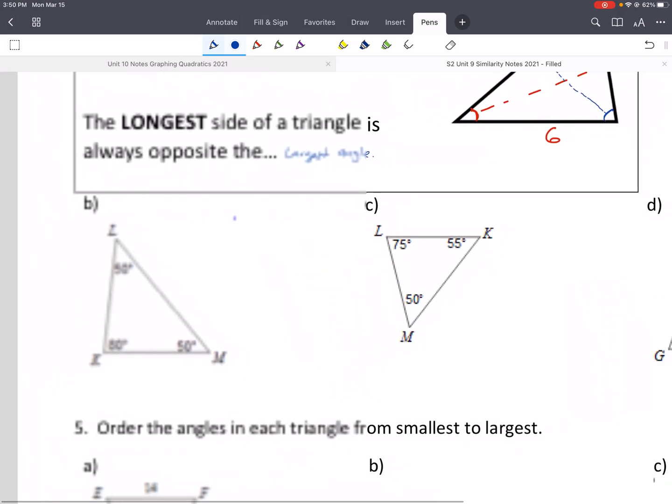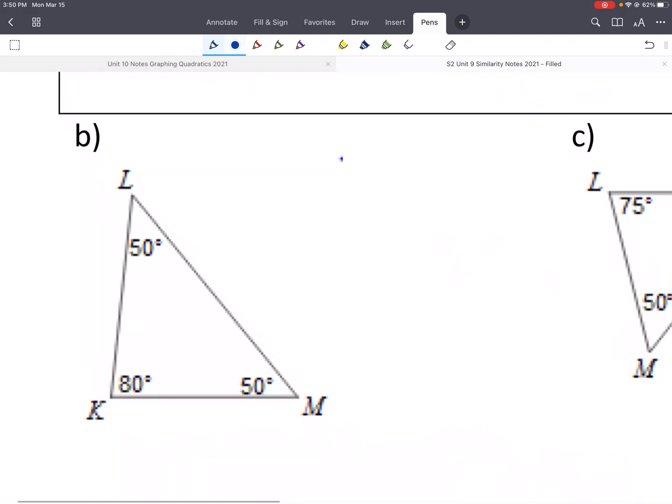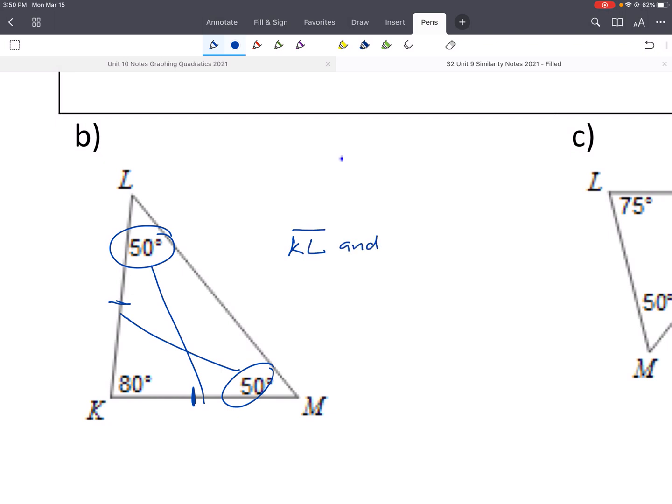All right, here's just some other examples. You're welcome to pause and give this a try. So here we have a 50, and we also have a 50, which means that their opposite sides are also congruent. So this is an isosceles triangle, which means that we have side KL and KM are the same.